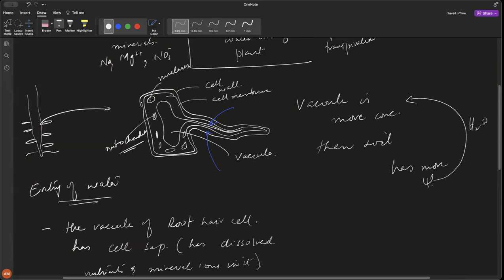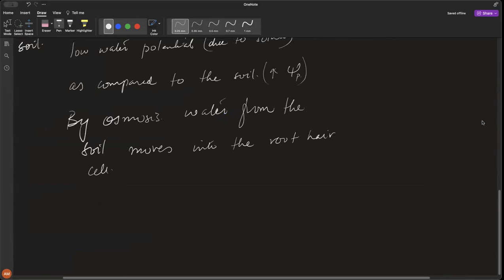This is osmosis, the movement of water through a partially permeable membrane, which is the membrane of the cell and the vacuole itself, the tonoplast. This movement is going to be osmosis, right? But what happens?